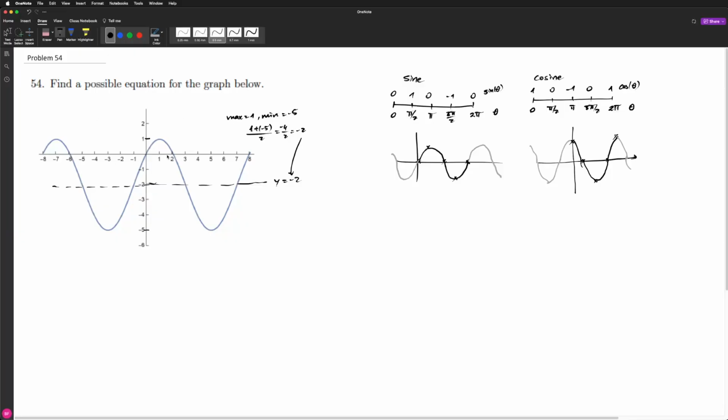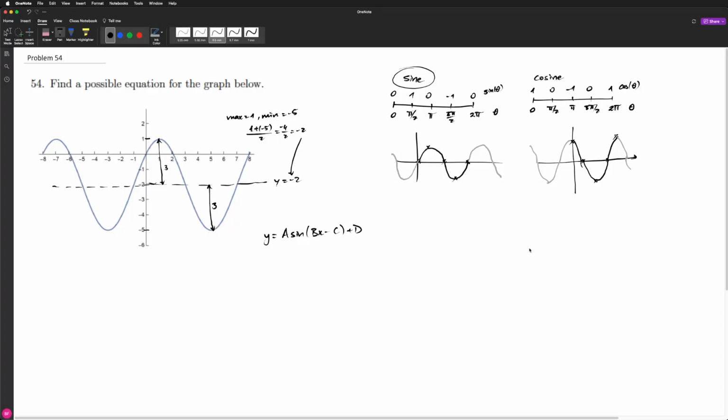And then from there, you can figure out how much the graph is going up or down. It goes up or down by 3 units. That's going to be the amplitude. So let's go with sine, for example. y equals a sine(bx minus c) plus d.